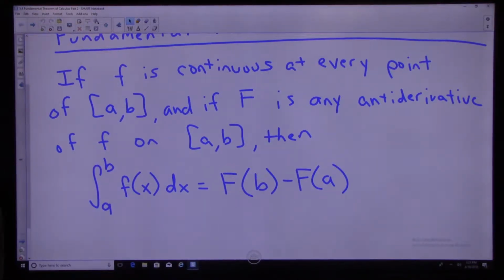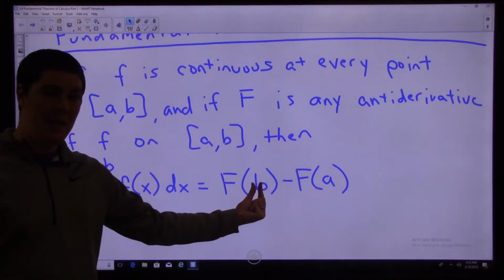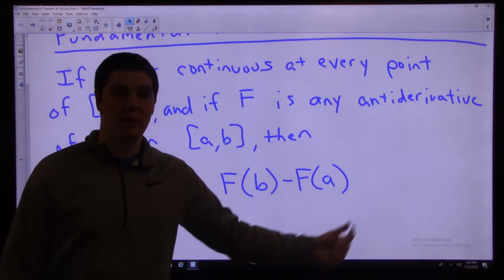That is going to equal capital F of b minus capital F of a. It's important to make sure you know that they're capital F's. So what you need to do is find the antiderivative evaluated at b minus your antiderivative evaluated at a.